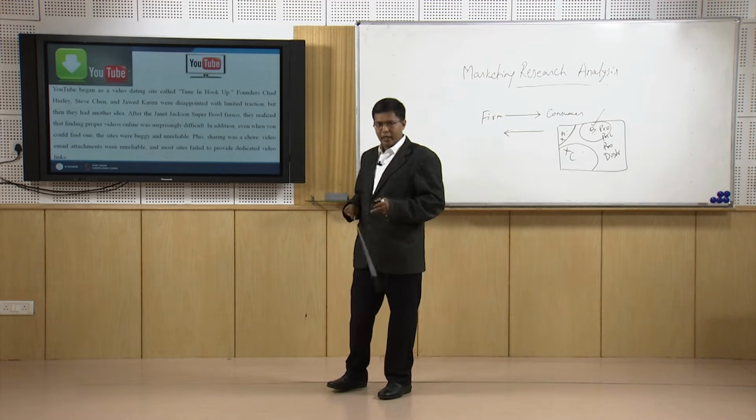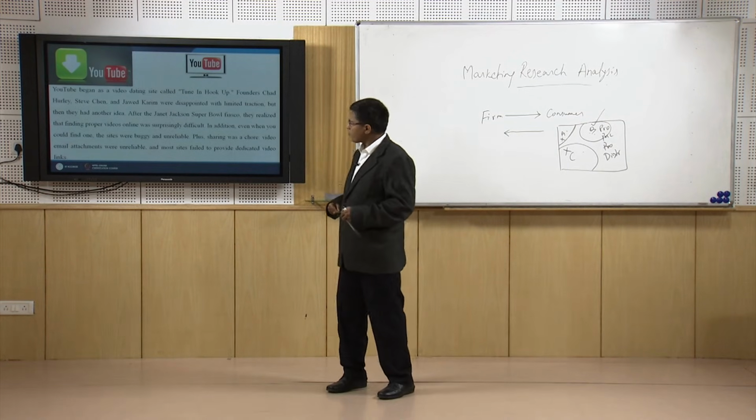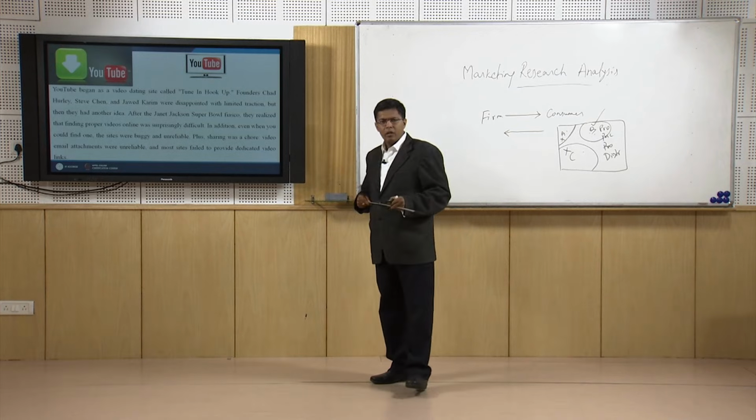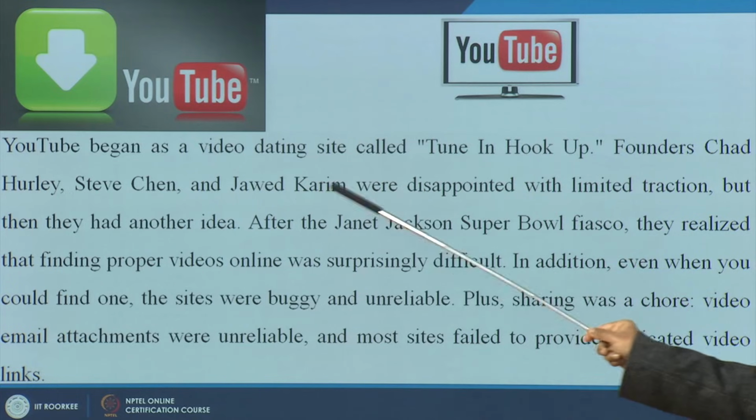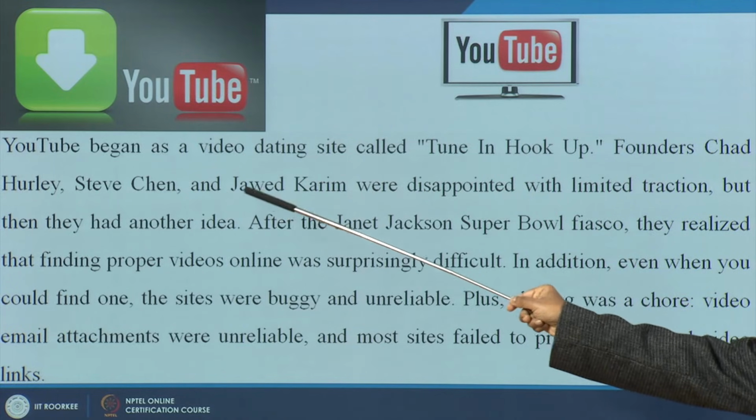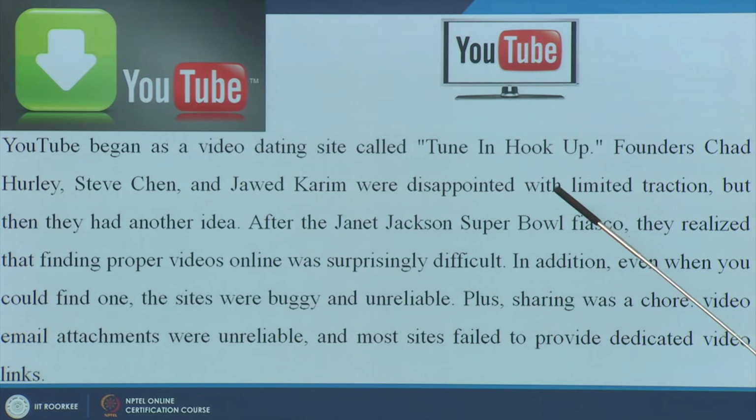This is a successful case. Now, YouTube. You can see the founders, Chad Hurley, Steve Chen and Jawed Karim. They thought about how to find a way to give it to the public without any bugs, without any problem.